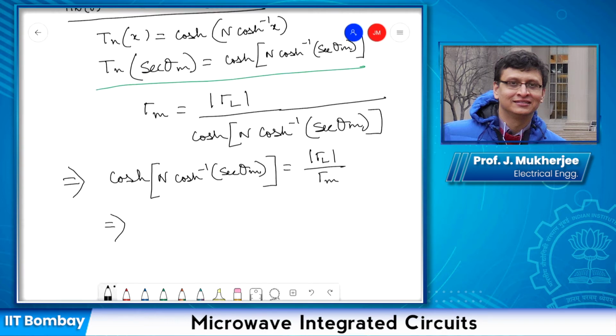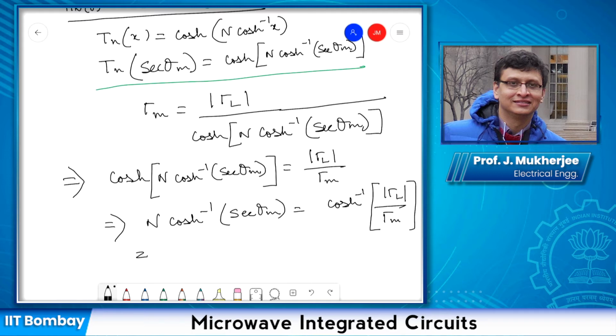which in turn implies n cos h inverse sec theta m is equal to cos h inverse of mod gamma L upon gamma m, from which we can write sec theta m is equal to cos h of 1 upon n cos h inverse mod gamma L upon gamma m.